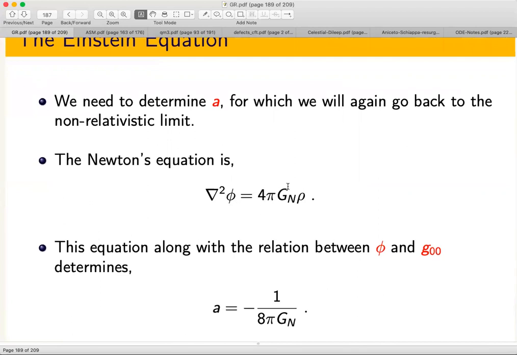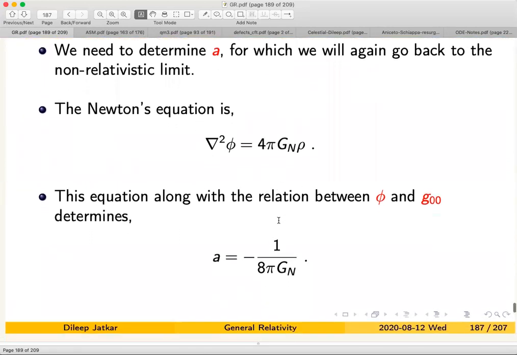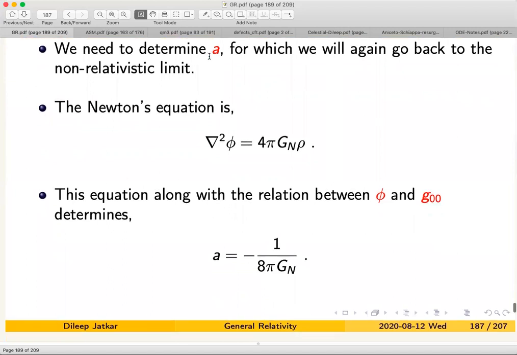That gives you minus 8 pi Gn sitting around here. And you could therefore say that A, the constant that we had not determined, is just minus 1 over 8 pi Gn, because A is a quantity sitting on the left hand side of our equation. Right hand side was just T alpha beta.